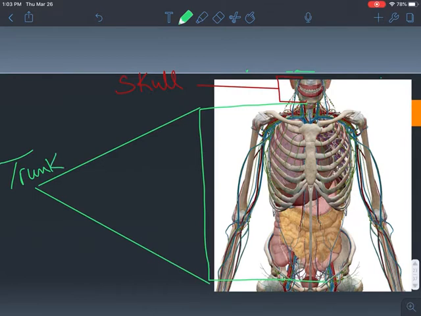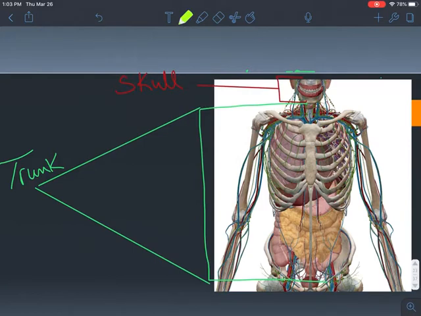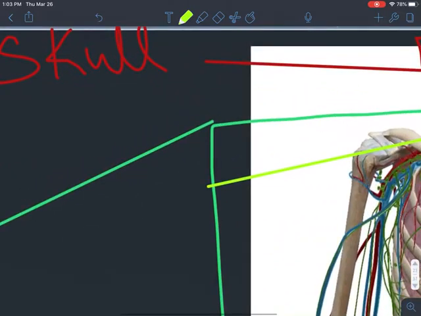Now let's go through the different parts of the trunk. This first section is your cervical.